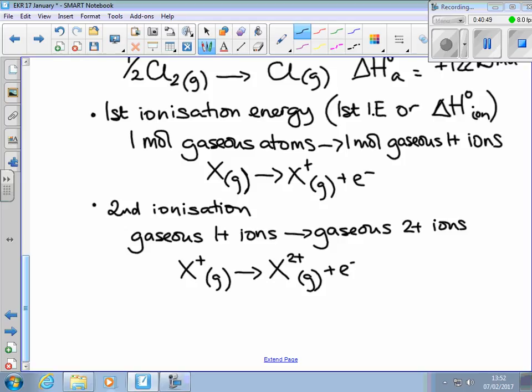It's not 2 lots of that. It's not the only thing you do to remove 2 electrons. It is the second of 2 steps if you are removing 2. And you could have a third ionization energy. You'd be unlikely to have a fourth, but I guess it depends what you're making.